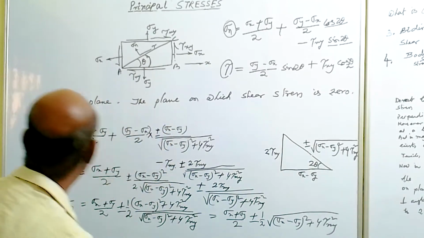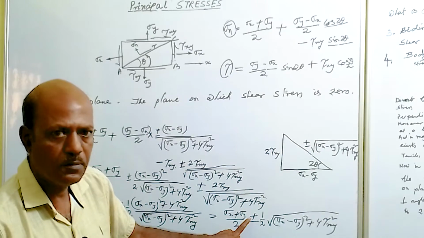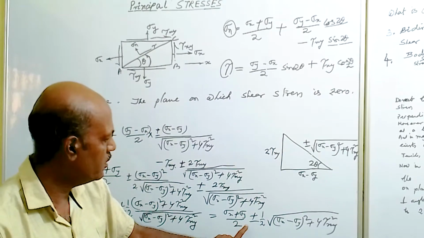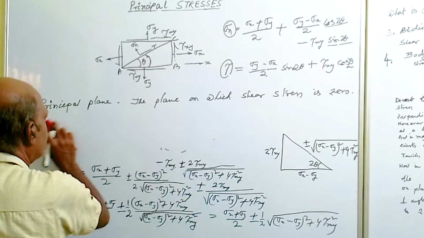Now it gives two values. When you consider plus, it will give one value. If we consider minus, it will give another value of principal stresses.